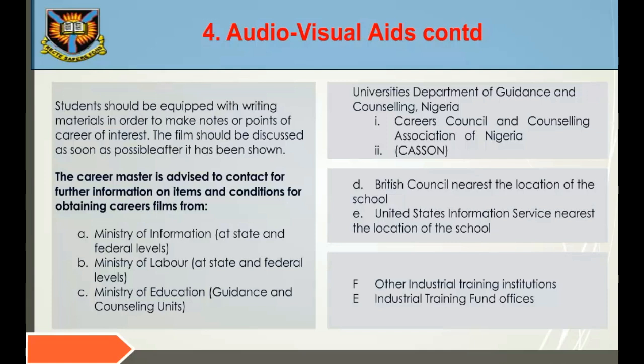The career master is advised to contact for further information on items and conditions for obtaining career films from: A. Ministry of Information at state and federal levels; B. Ministry of Labor at state and federal levels, Ministry of Education Guidance and Counseling Units, Universities Department of Guidance and Counseling; C. Careers Council and Counseling Association of Nigeria; D. British Council nearest the location of the school; E. United States Information Service nearest the location of the school; F. Other industrial training institutions; G. Industrial Training Fund offices.